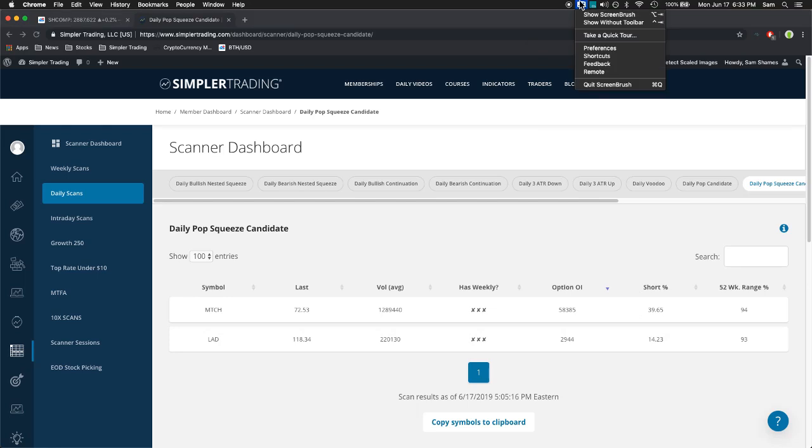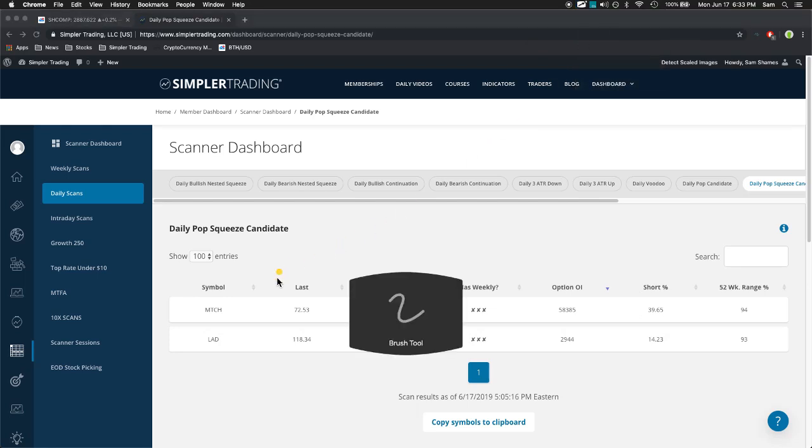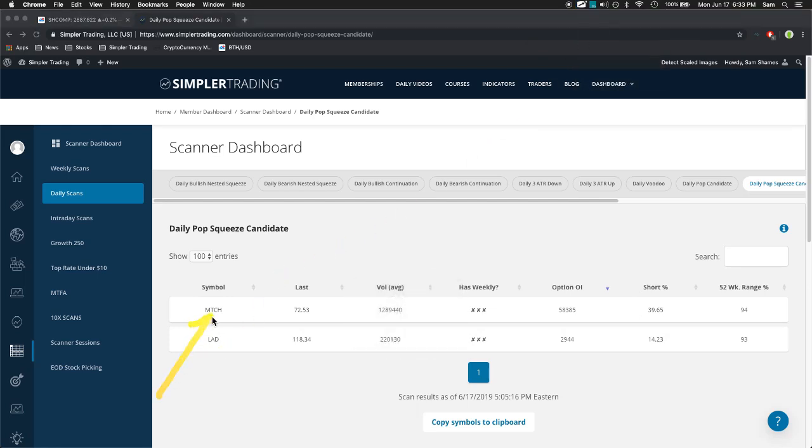So we can see here that not only is MATCH, for example, in a squeeze, but it also has an astonishing 39.5% short interest. That's a lot. So let's say that the market, let's say the NASDAQ's up, let's just be kind of ridiculous with it. Let's say it's up 3% tomorrow, the NASDAQ.